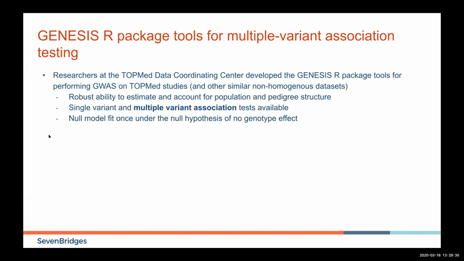All right, so now to touch on the association tools, there are many different types, and Seven Bridges has primarily focused on providing the Genesis R package association tools, which were developed by researchers at the TopMed Data Coordinating Center for performing a GWAS on TopMed studies and other similar non-homogeneous data sets, because these tools really have a robust ability to estimate and account for population and pedigree structure, which is a key component of the TopMed studies.